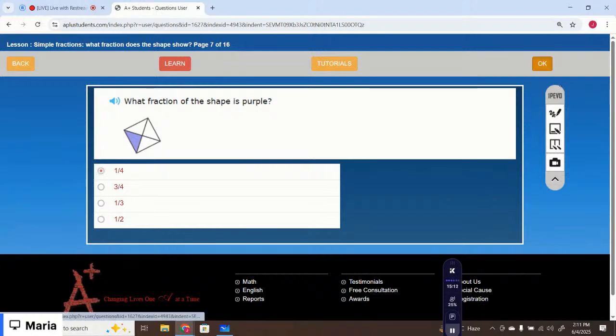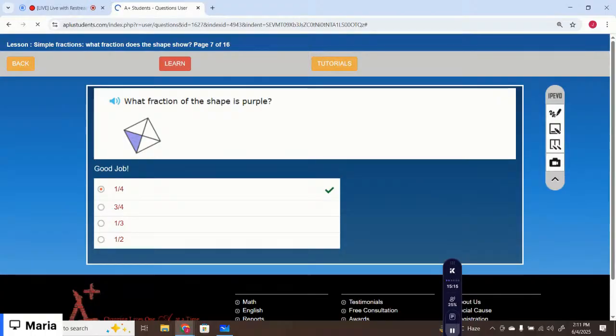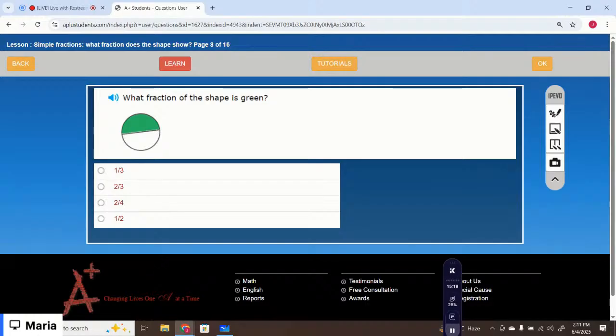Option number one is the correct option. That is one out of four.